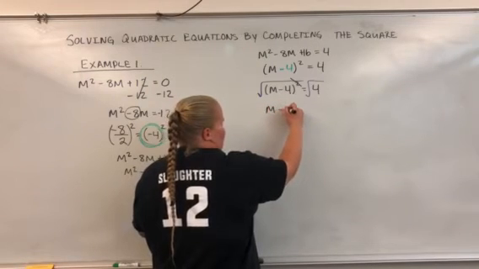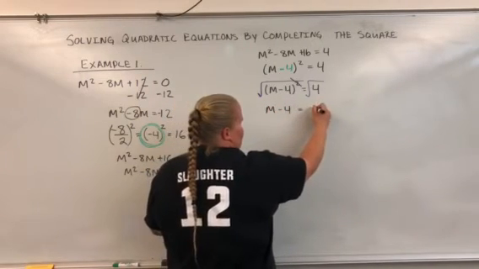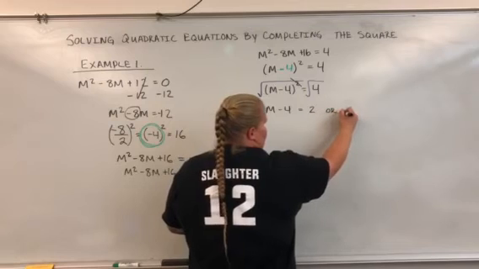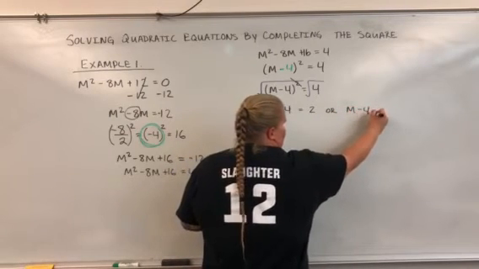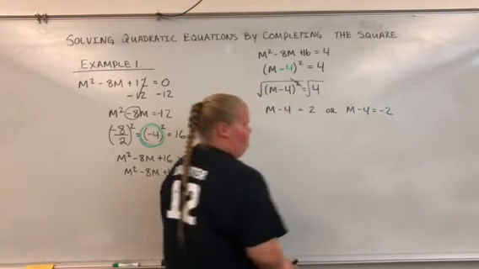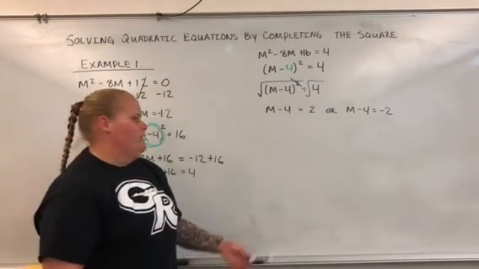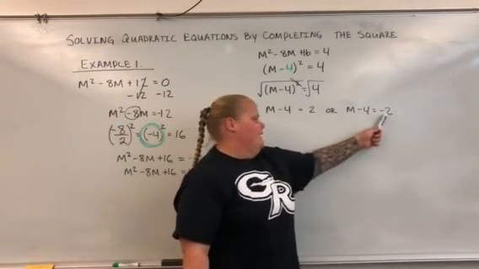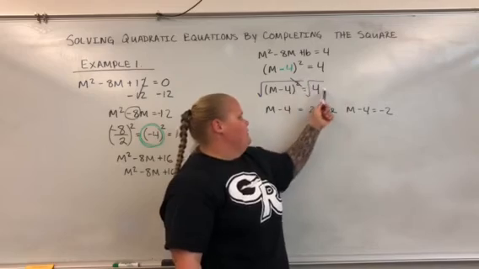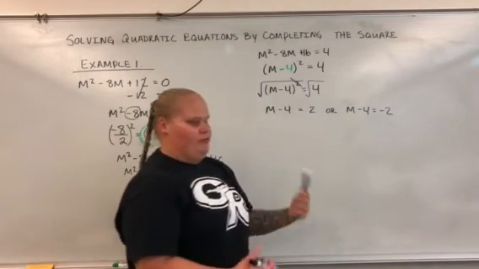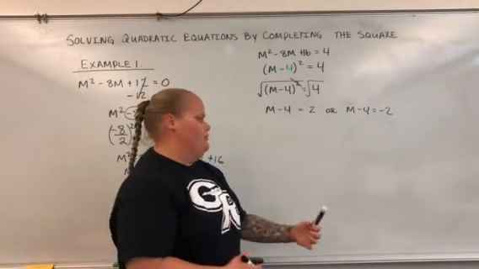I'm left with m minus 4 equals 2, or m minus 4 equals negative 2. These are the two equations that I have to solve. I have to take the positive and the negative square root of this 4, okay? Because the square root always has two possible solutions.